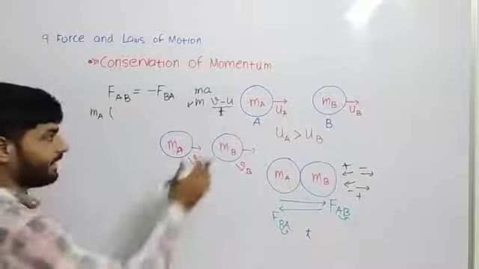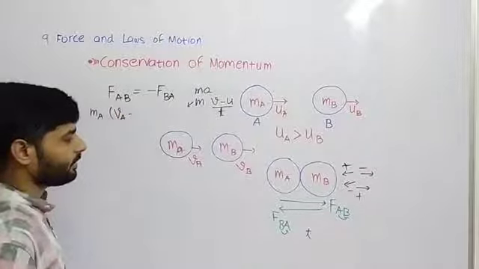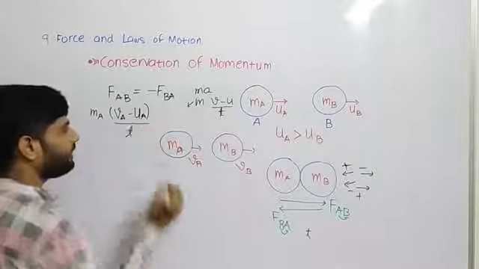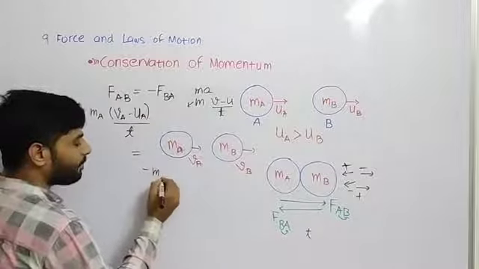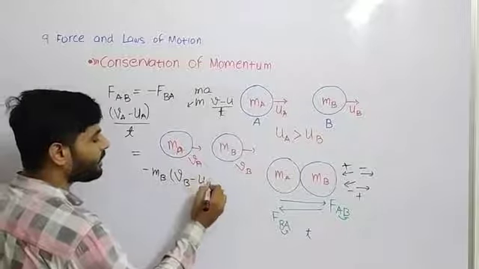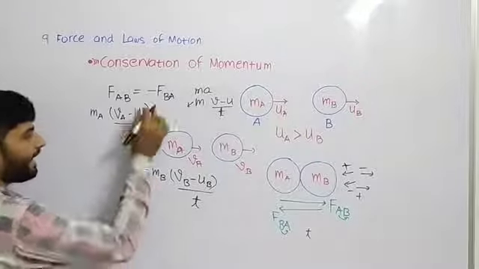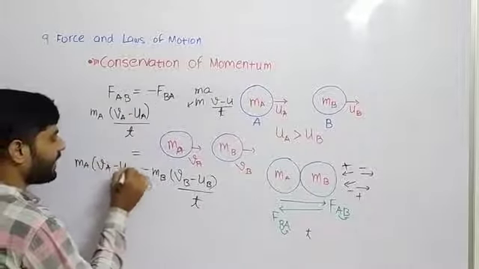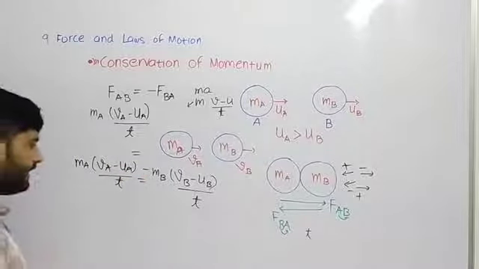Change in velocity, that is acceleration of ball A, is final velocity minus initial velocity divided by time T. And for ball B, it is minus MB, VB minus UB divided by T. For simplicity, I write this portion here: MA, VA minus UA divided by T. So this T gets cancelled.